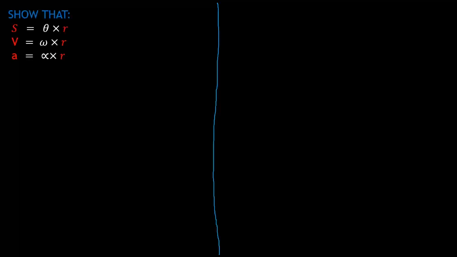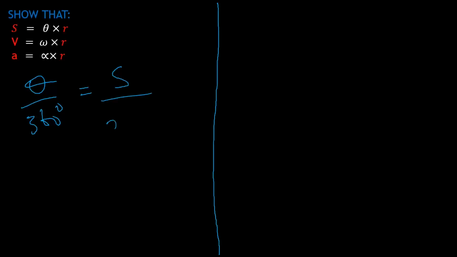Now, we had the previous slide: theta all over 360 degrees is equal to S all over 2 pi R. But of course, we noted that 2 pi rad is equal to 360 degrees. So we can replace this with 2 pi rad.